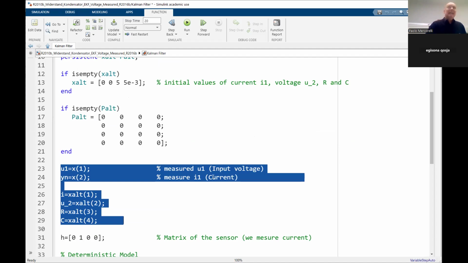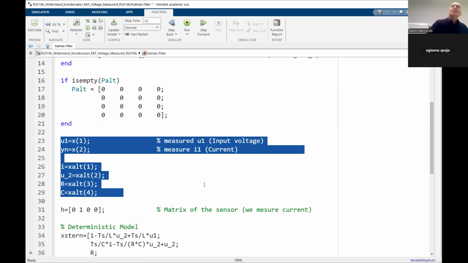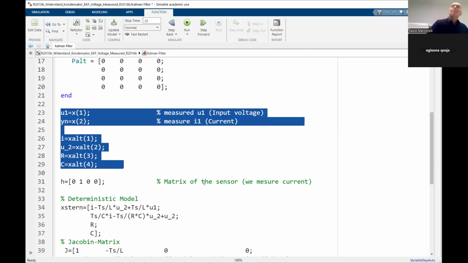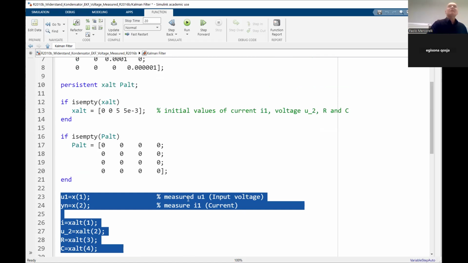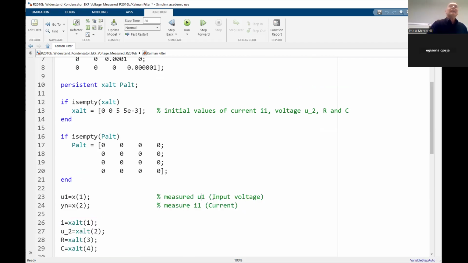Here, I think it's an error because in this file, I think we measure the voltage. Let me see. If it's an error, I would like to correct it. The second variable was the voltage, right? Or the current, I don't remember. Yeah, this means an error just in the comment. I am measuring the second state.